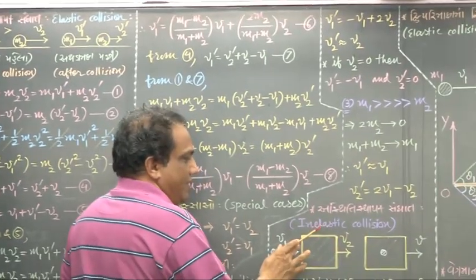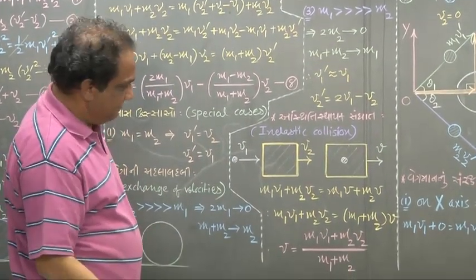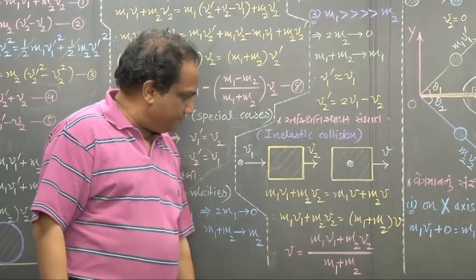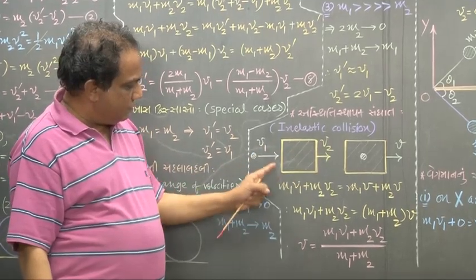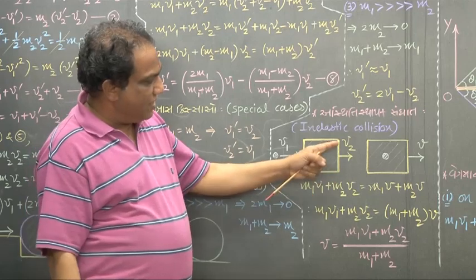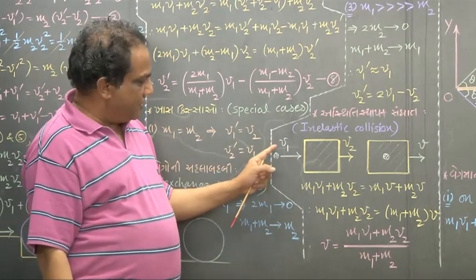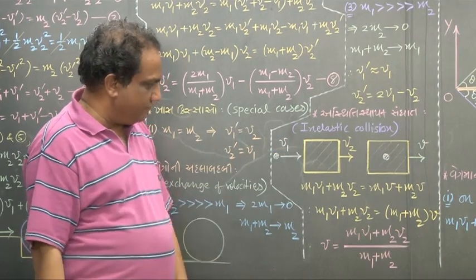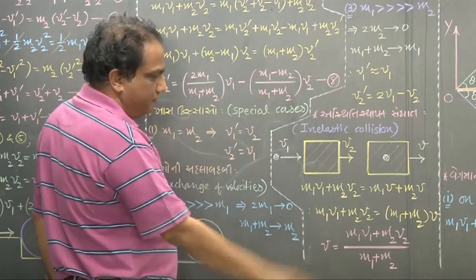Now we go for inelastic collision. Consider a block, say made of wood, moving with velocity v2. From behind we have a bullet moving with velocity v1. Mass of the bullet we take as m1, mass of the block as m2.